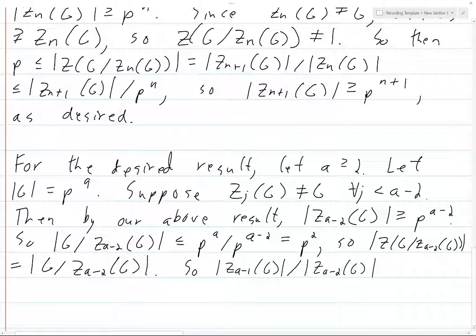And then when you take the norm, you can break out the quotients. And so this happens to be equal to the norm of G divided by the norm of Z_{a-2}(G), which implies the norm of Z_{a-1}(G) is equal to the norm of G, and so Z_{a-1}(G) is equal to G.